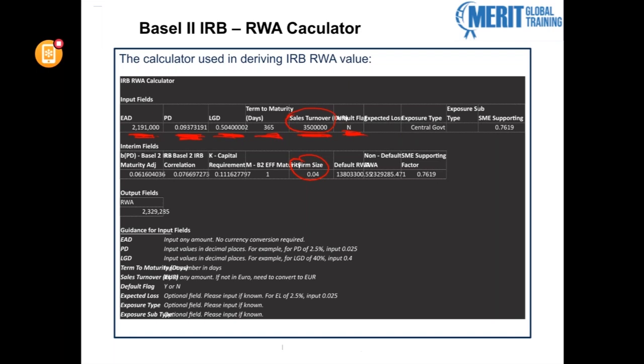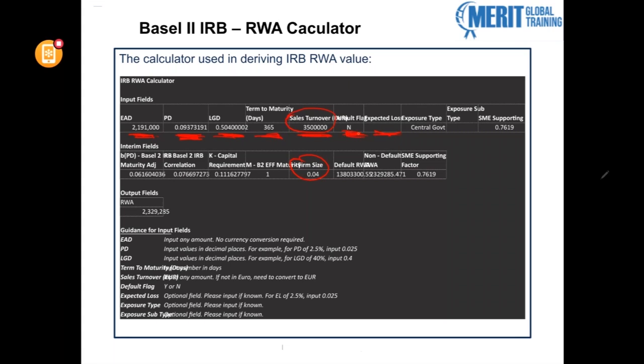The formula is different. We have the expected loss best estimate. We will see that impact when we get to the advanced approach. Expected loss best estimate is applied to derive the risk weight when a customer is in default.